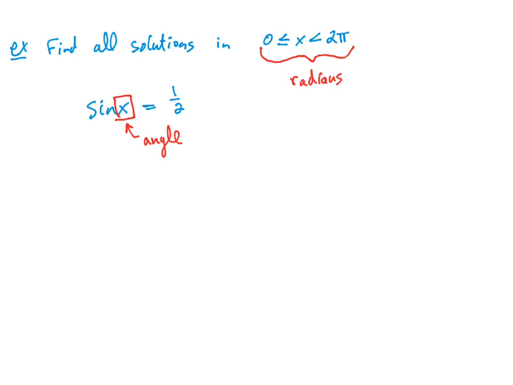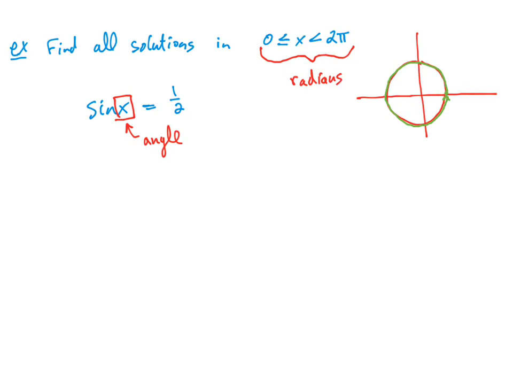Because the interval is between 0 and 2 pi, if we think about this on the unit circle, 0 starts here, and then we hit pi over 2, pi, 3 pi over 2, and then 2 pi. We want to know, when does sine equal positive 1/2 in the first revolution around the circle?